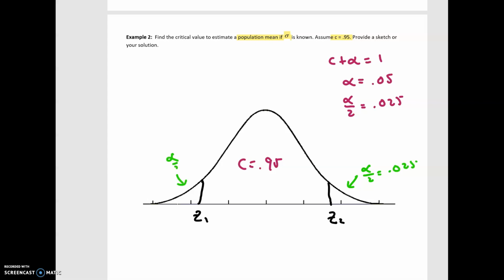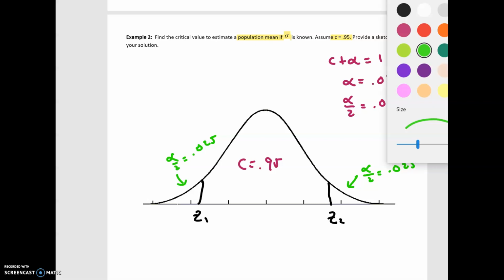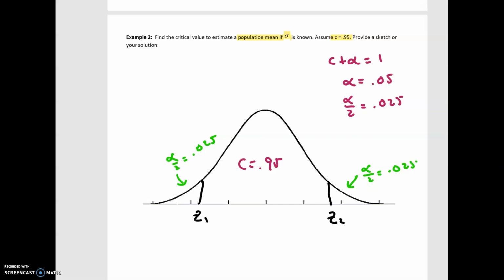And this is alpha divided by 2, which is 0.025. We typically shade this region because it technically represents the probability that we will not actually be estimating the parameter. Don't forget that you're actually looking at a distribution, so theoretically, these are going to go to the infinities.